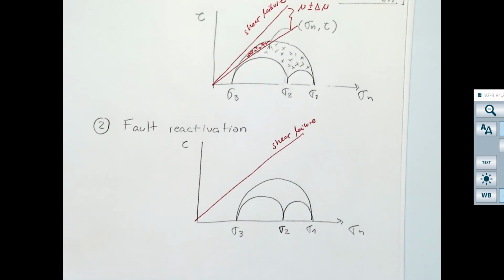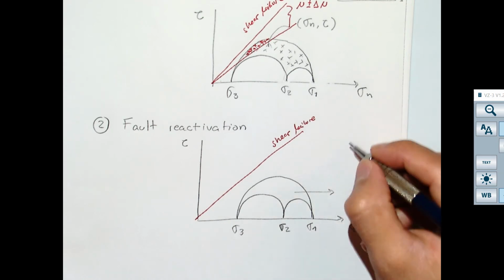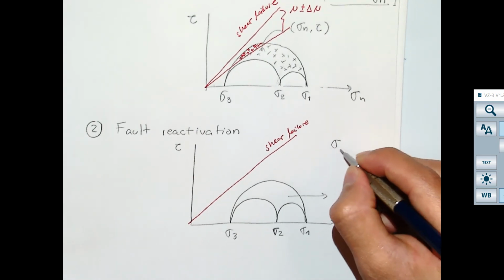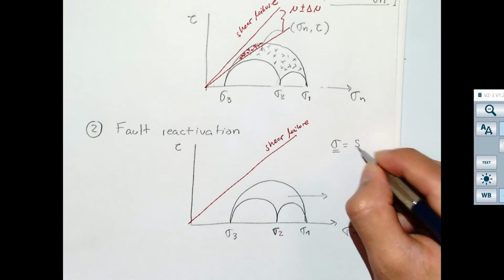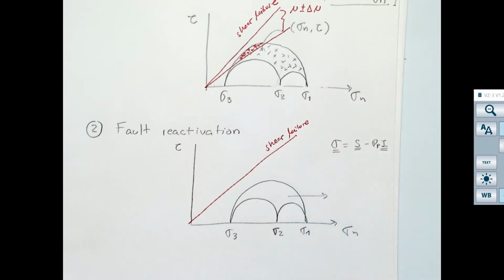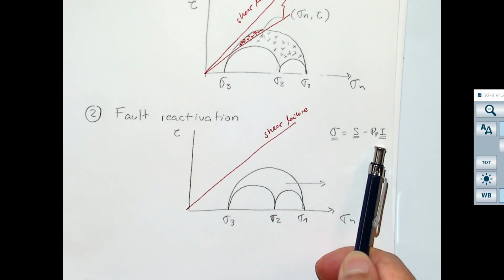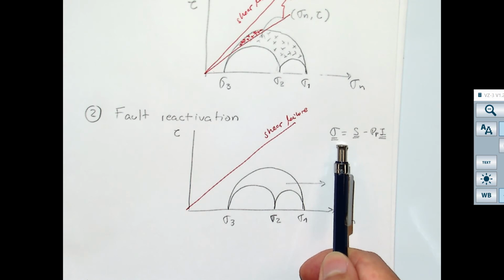Decreasing pore pressure. Well, decreasing pore pressure, what is it going to cause? Remember that effective stress is equal to total stress minus pore pressure. So if you decrease the pore pressure, what happens with effective stress?